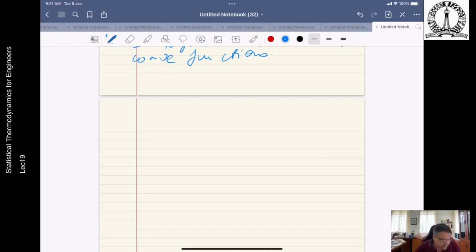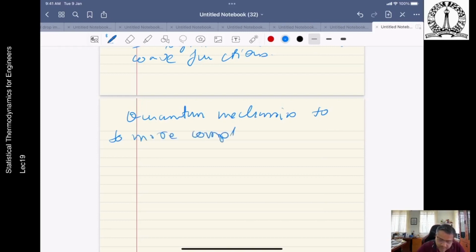We will see what we can do with the Schrödinger wave equation when we start looking at the internal energy modes. The translational energies, as we saw, are minuscule. So the discretization, validation really comes from the internal energy modes. Now we have to apply quantum mechanics to a more complicated system, a two-particle system.